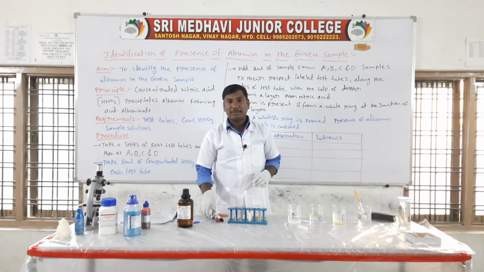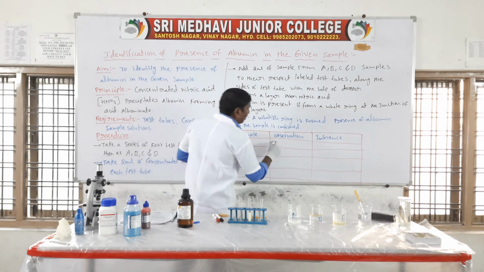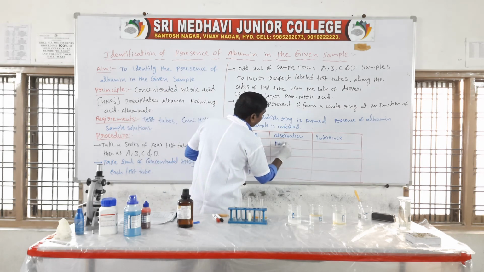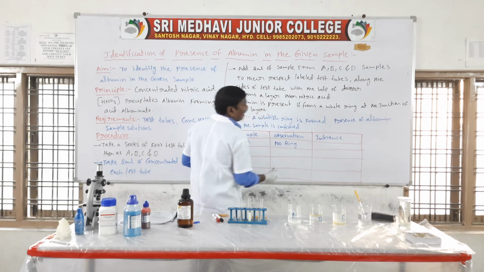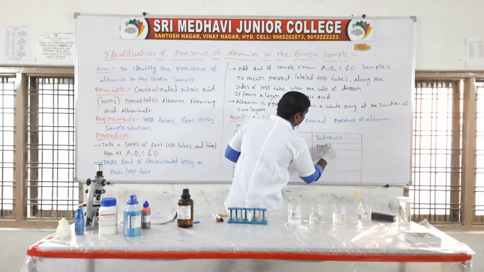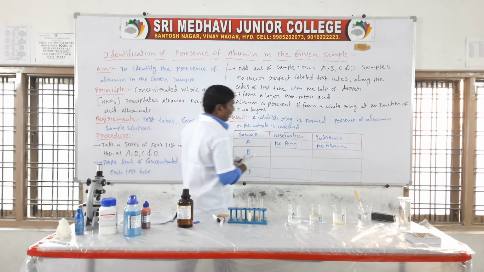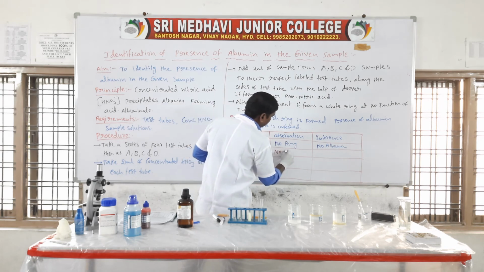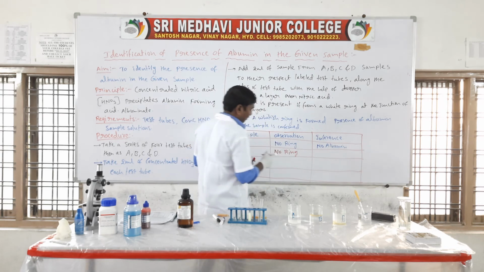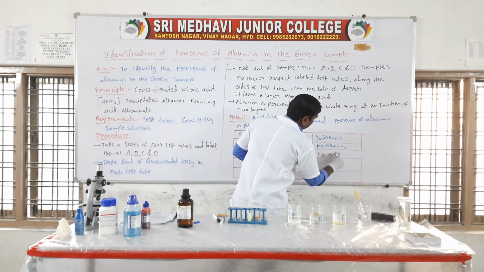Next, the table. Sample A: no ring formation means no albumin. Sample B: no ring formation, so no albumin.